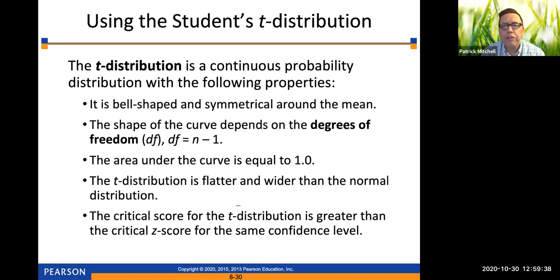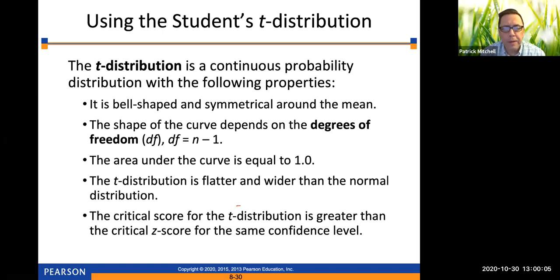The t-distribution is a continuous probability distribution with the following properties. It is bell-shaped and symmetrical around the mean, just like the normal distribution is. The shape of the curve depends on a parameter called the degrees of freedom, df, which is just the sample size minus 1. So you'll see how that works when we get into the examples.